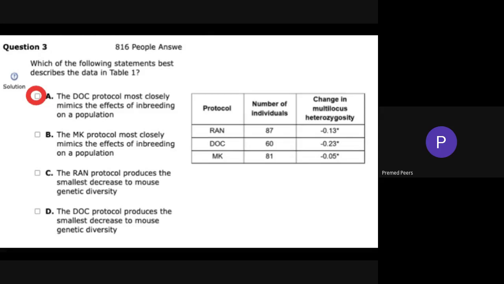And that's a problem because you need variation in order to have a healthy population so you don't accumulate harmful mutations. So when you have a decrease, that's what the negative means. In multilocus heterozygosity, your population is becoming more similar, and the place and the protocol in which you see this happening the most is DOC, because that's where you have the greatest decrease in variation.